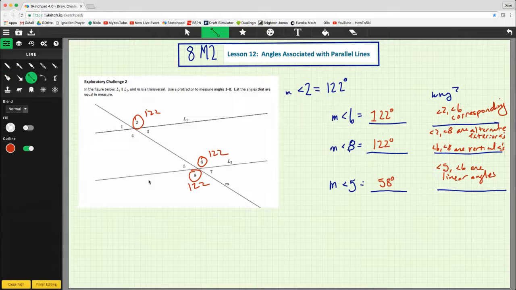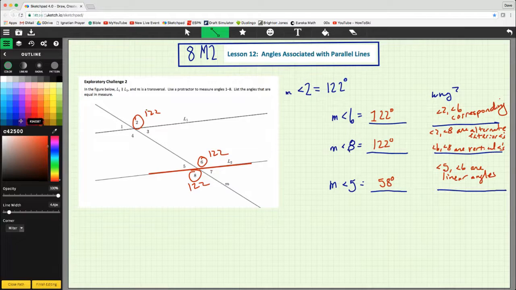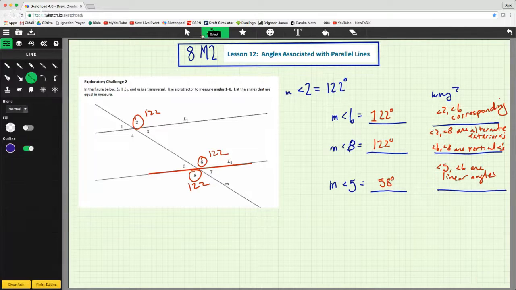If these two angles, 5 and 6, make up this line, they are two angles that add up to a line, so they must equal 180.